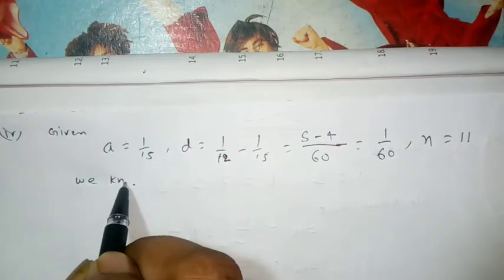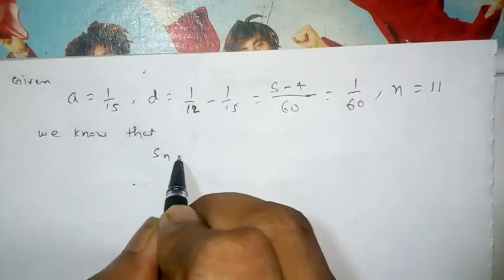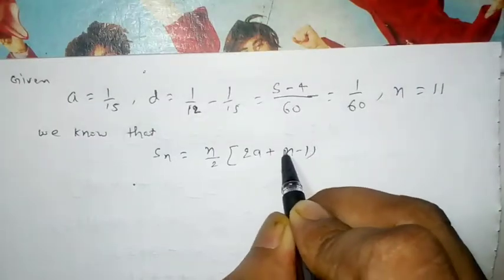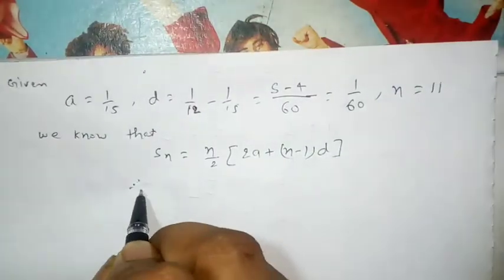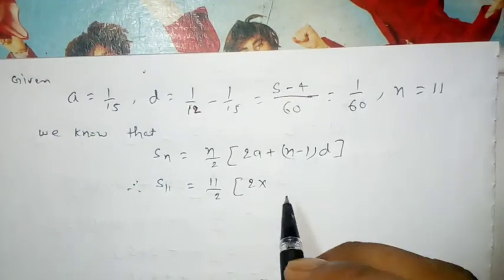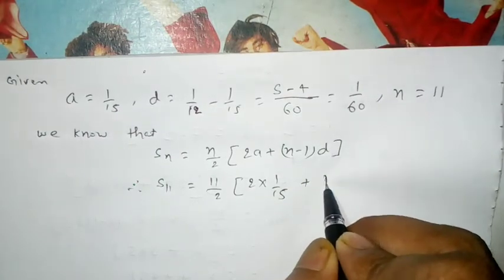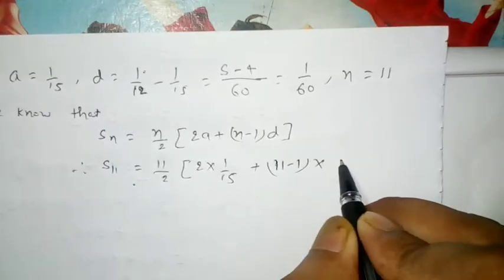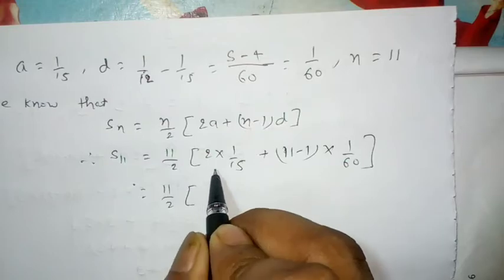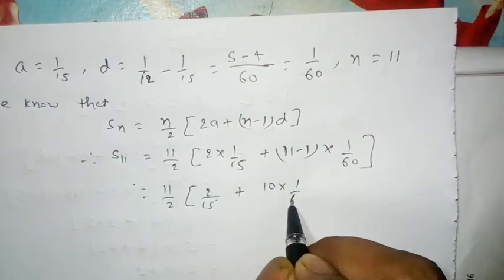We know that Sn is equal to n by 2 into 2a plus n minus 1 into d. Therefore S11 is equal to 11 by 2 into 2 by 15 plus 11 minus 1 into 1 by 60, is equal to 11 by 2 into 2 by 15 plus 10 into 1 by 60.